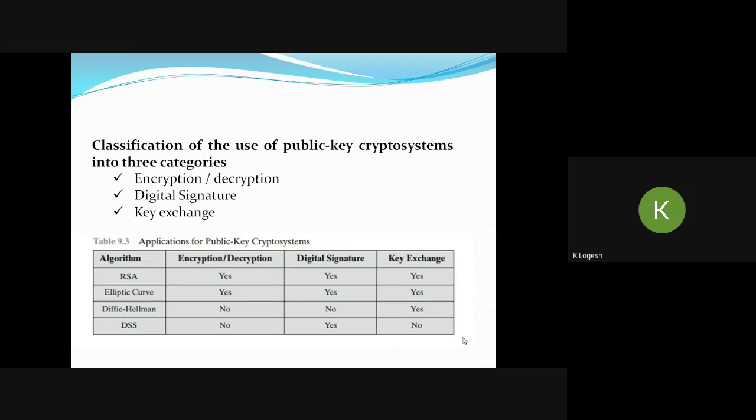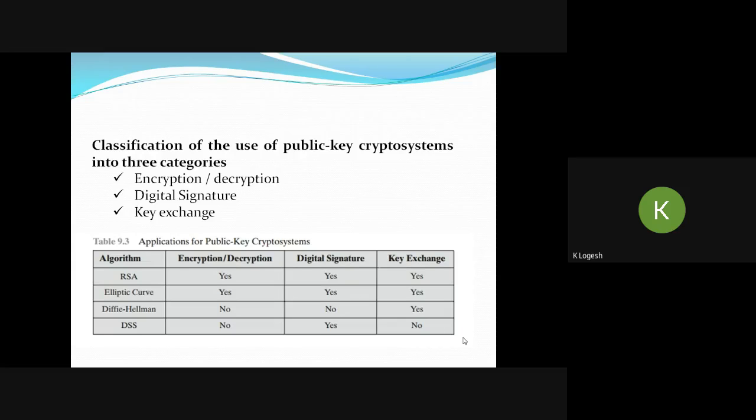Using this public key crypto system, the secret key in symmetric encryption can be exchanged. That is the third use of the public key crypto system.